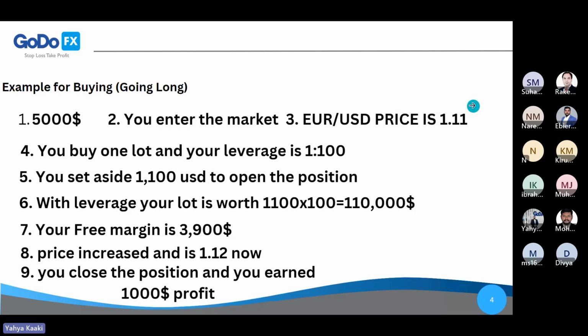So you close the position and make $1,000 profit. From 1.11 to 1.12, it increased by one cent, and since we have this leverage of 100, you made $1,000 profit.